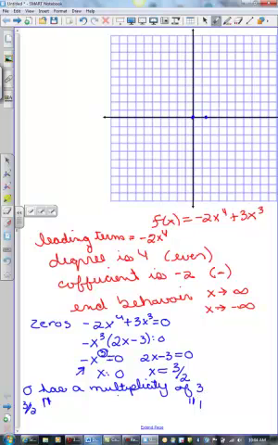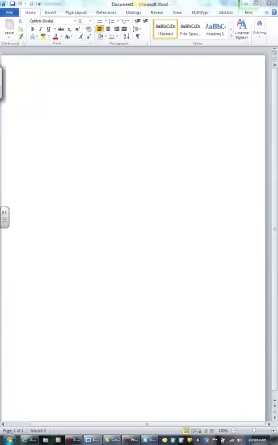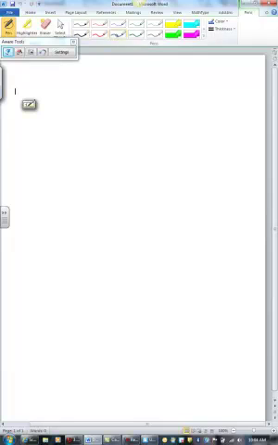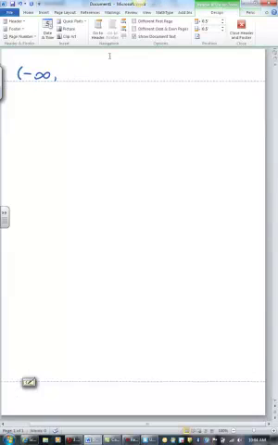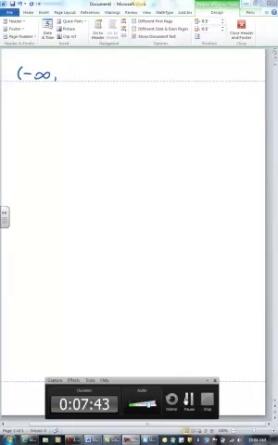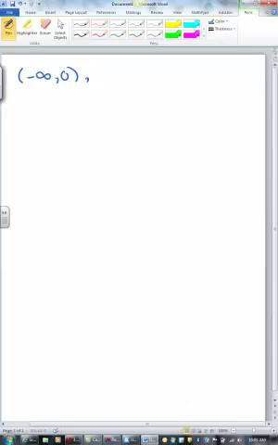Okay, so those intervals are going to be from negative infinity to 0, and from 0 to 3/2, and again from 3/2 to infinity. Okay, so we've broken it up into 3 sections.